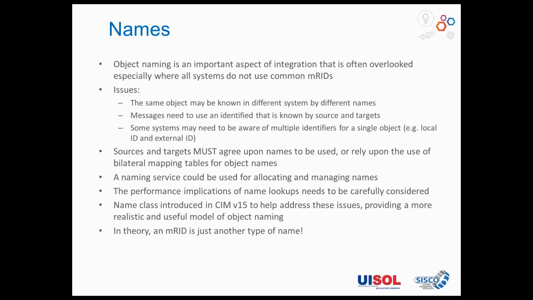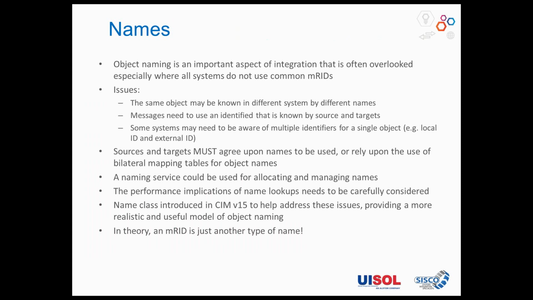And it's not just there either within the utility. If you're talking to your ISO or you're playing in the market, you may have multiple entities that you're working with, and each entity has that meter name something different. So you need to be able to deal with multiple names.